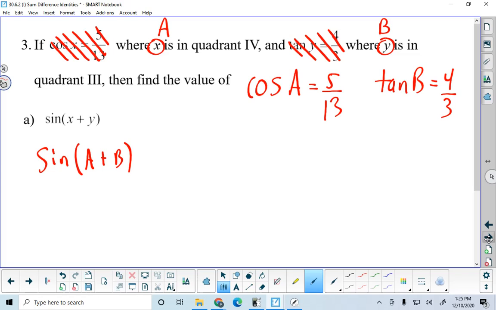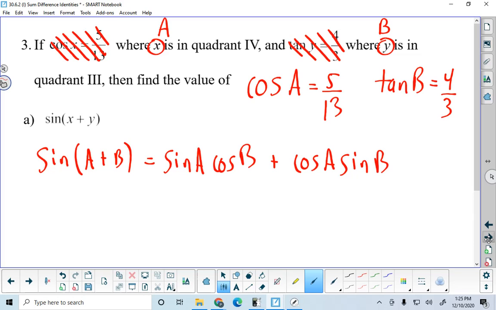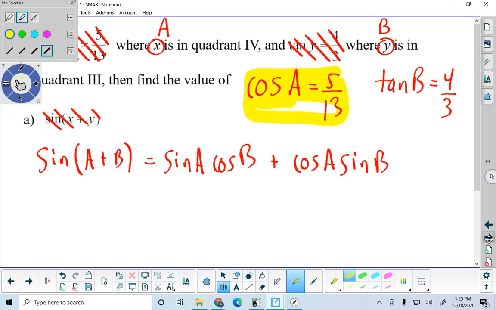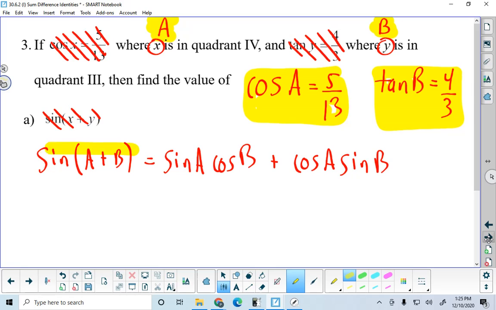So how are we going to find sine of A plus B? Well, sine of A plus B is sine of A, cosine of B, plus cosine of A, sine of B. So first of all, any questions to begin with about the fact that we're changing the question to have angles A and B rather than x and y?